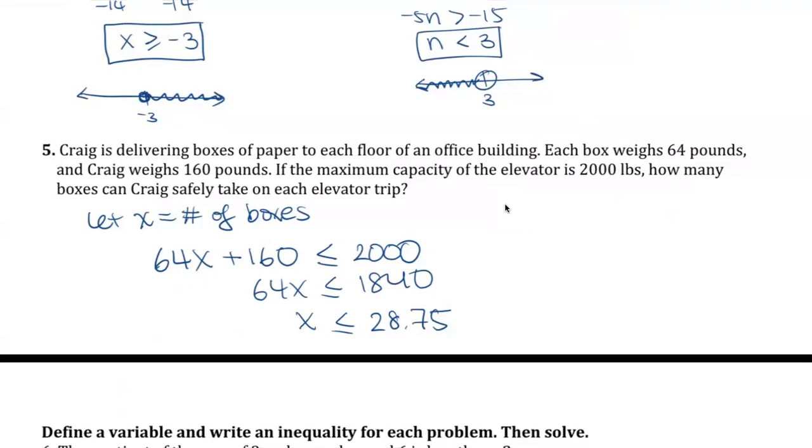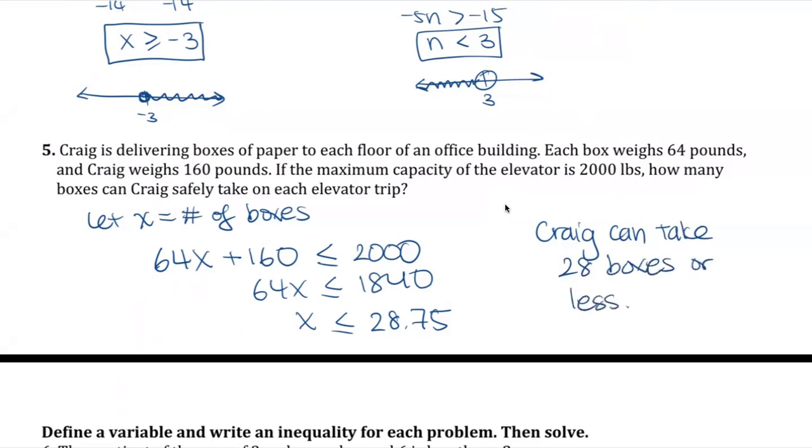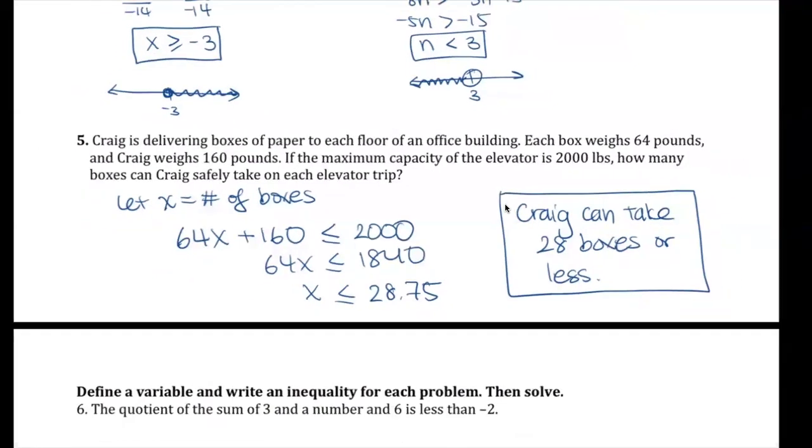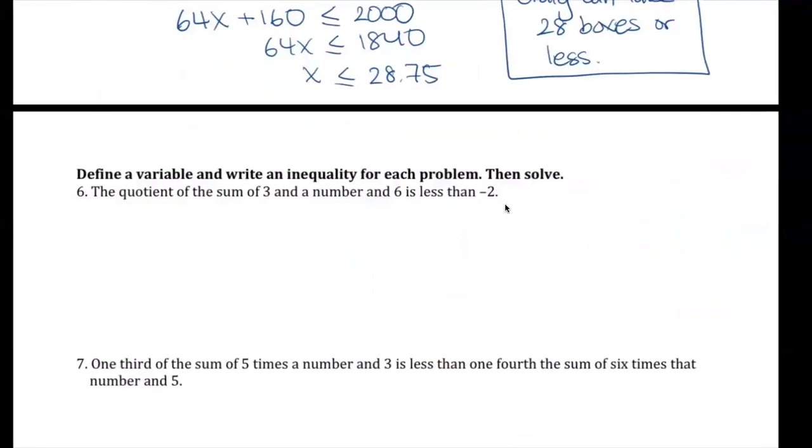He can take at most 28 boxes, or 28 boxes or less. So in words, I'll say Craig can take 28 boxes or less. Make sure you don't say just 28 boxes, because again, he can take less than that.